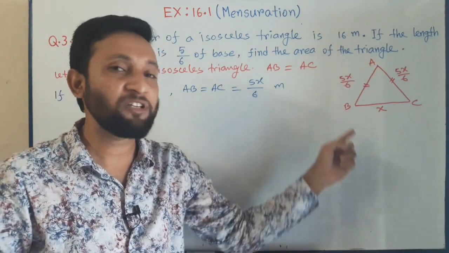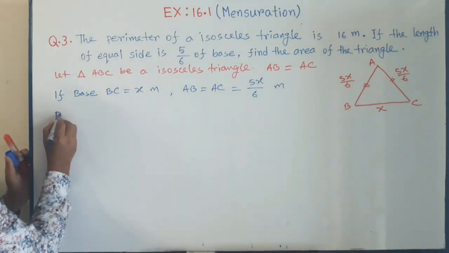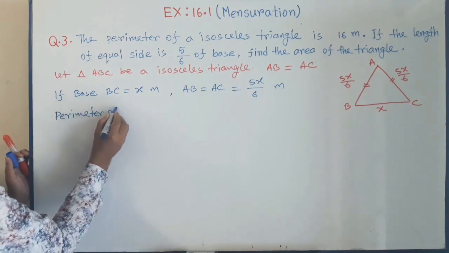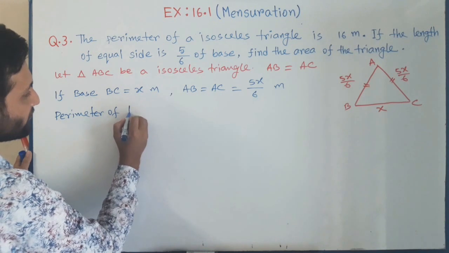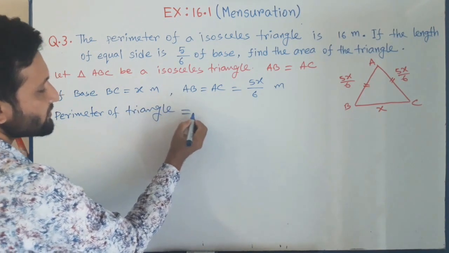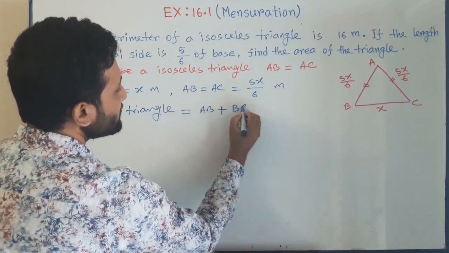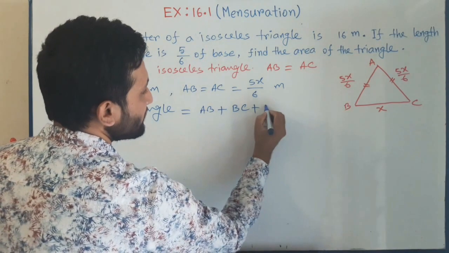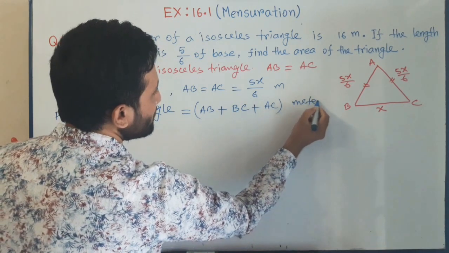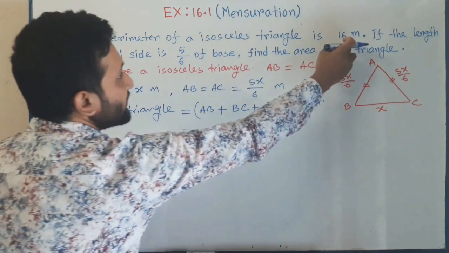We know perimeter means the sum of three sides. So we can write the perimeter of this triangle is the sum of three sides, that means AB plus BC plus AC meter, unit meter. Putting the values here, the perimeter of this isosceles triangle is 16 meter.